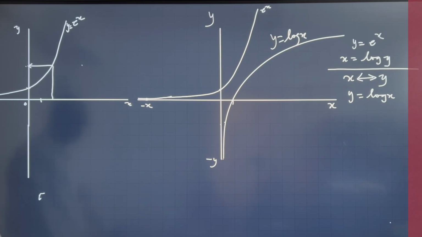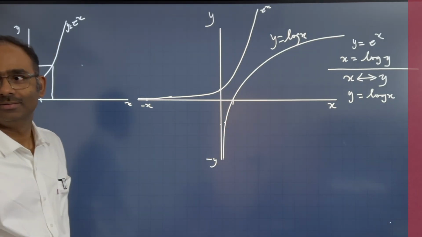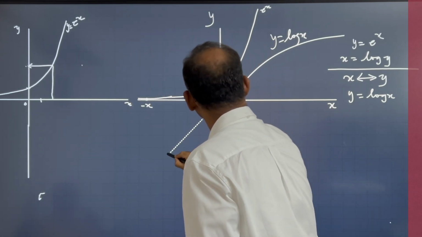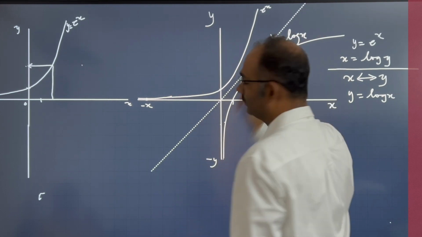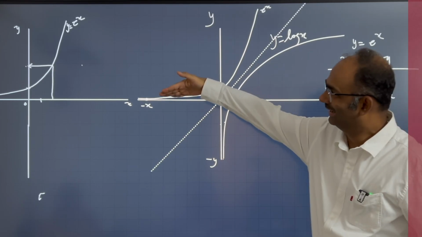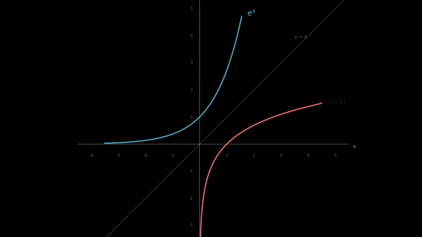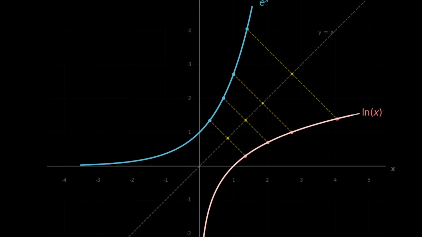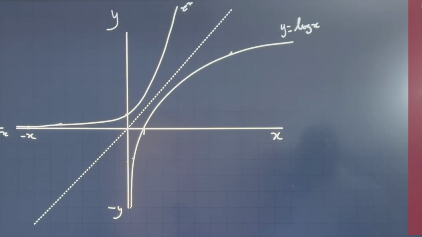Which means it is a reflection of the exponential curve in a mirror which is at 45 degrees to this coordinate system, which is giving you the log function. Are you following? Is this point clear? That's the log function.